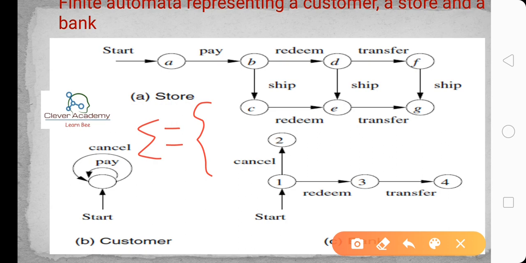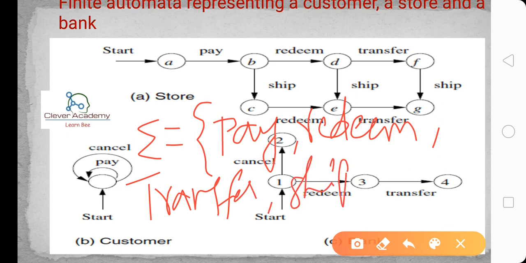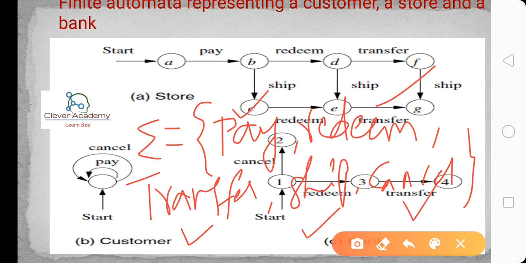The input values you can give: pay, next redeem, next transfer, ship, cancel. So totally pay, redeem, transfer, ship, and then cancel.